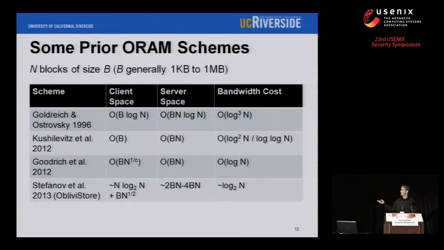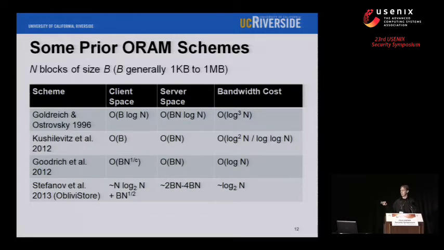In the right column, you can see the bandwidth cost has gone down from polylogarithmic in n to log n with no hidden constants, in the case of the oblivious store technique at the bottom. That means for a database with n blocks, we actually have to transfer log n blocks per request in order to achieve this access pattern privacy.